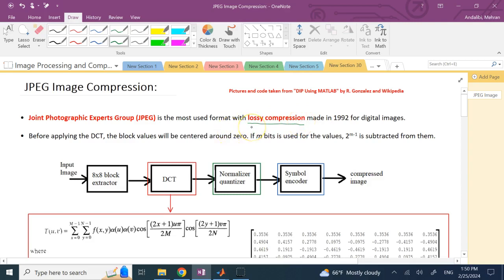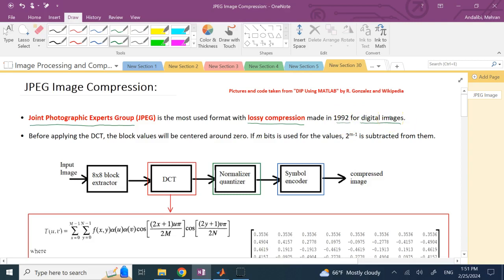JPEG comes from a group called the Joint Photographic Experts Group, who first developed this algorithm in 1992, and this is for digital images, as I said.